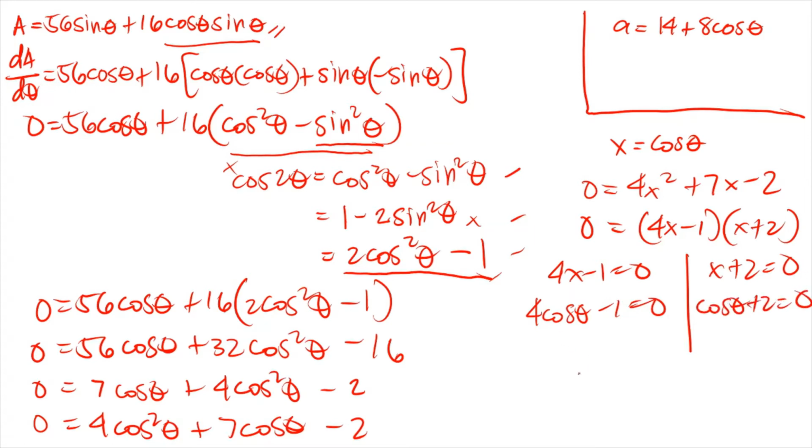From the first solution, we get cosine theta equals, transposing -1, it becomes +1 on the right hand side of the equation, and then dividing both sides by 4, we get 1/4. Then the other solution, cosine theta equals -2. If you look at the equation for A, we can directly plug in the value for cosine theta so that we can solve for A. However, we have two solutions.